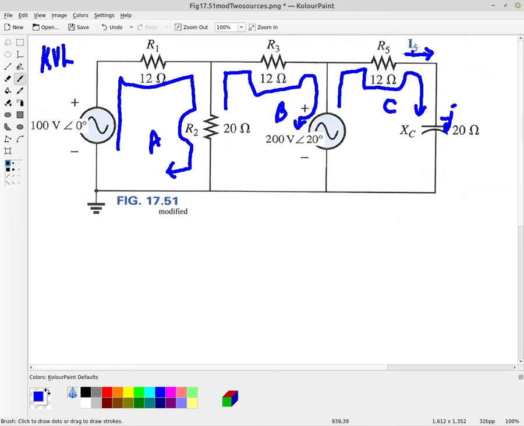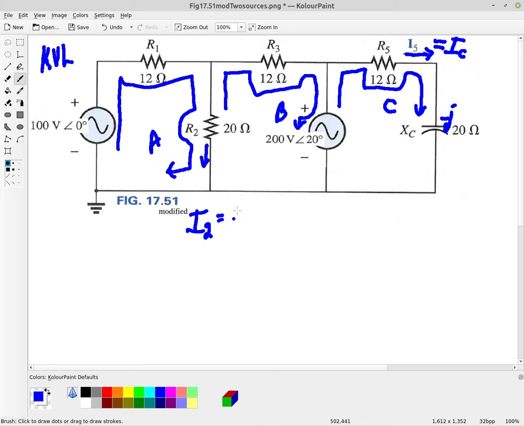Now, it so happens that the current through the resistor R5, which is the current they've defined as I5, is actually equal to IC. So I5 and IC are going to be equal. However, the current through the resistor R2 is actually the current I2, which I'm going to define as going down.